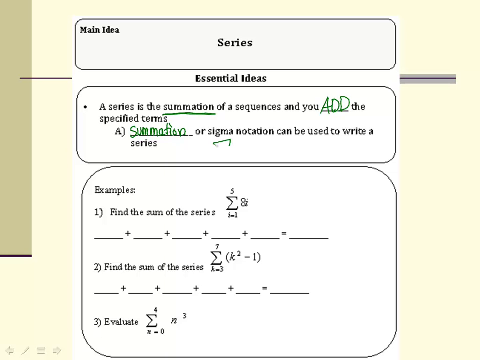So sigma notation looks like this. At the bottom, you have the starting number. We're going to start within the domain. At the end, at the top, you're going to have the ending number, and over here, you're going to have an expression.